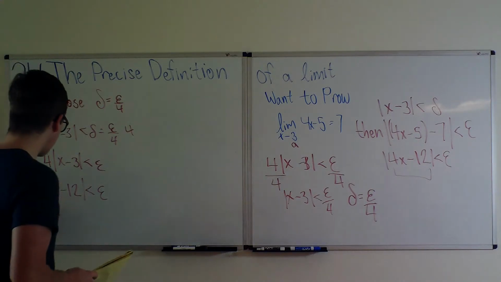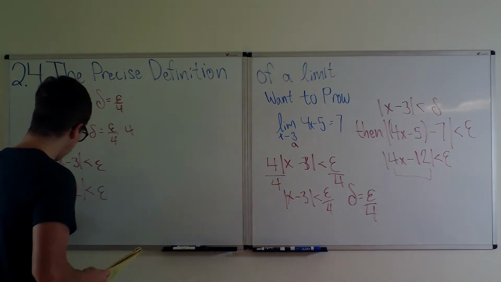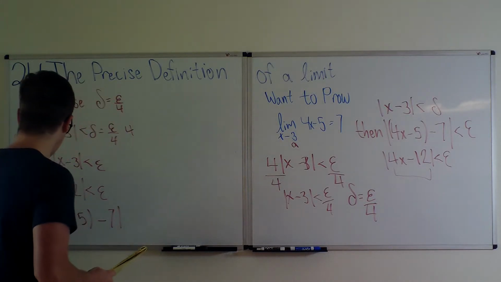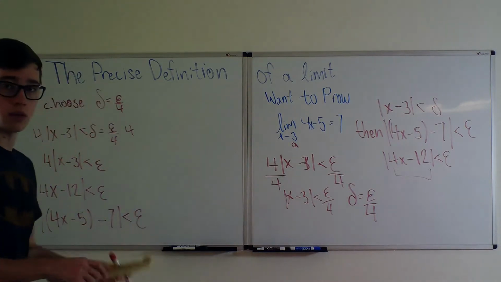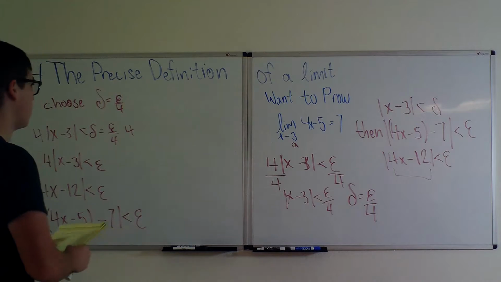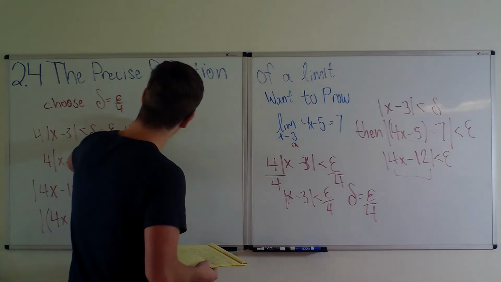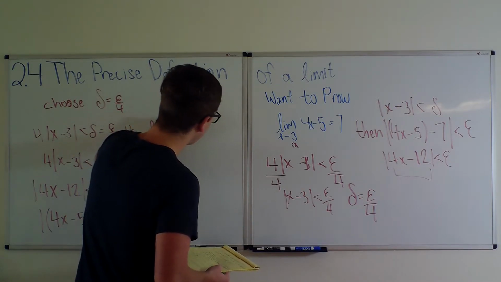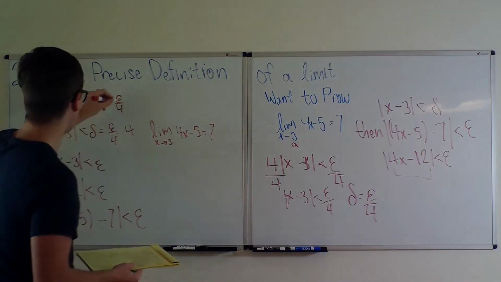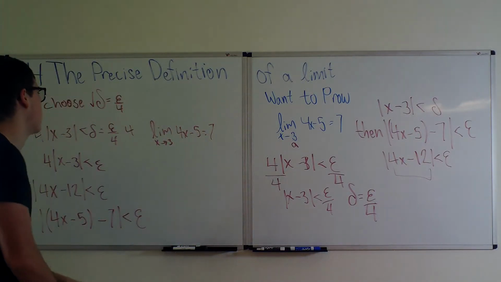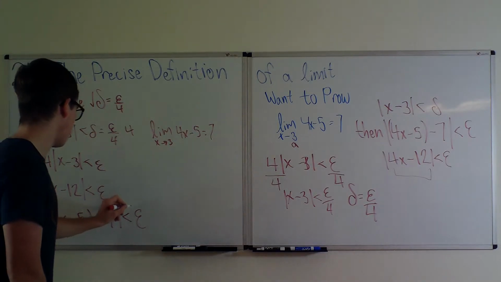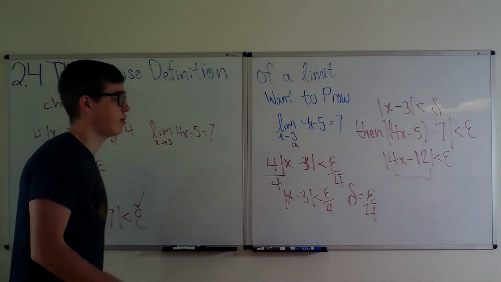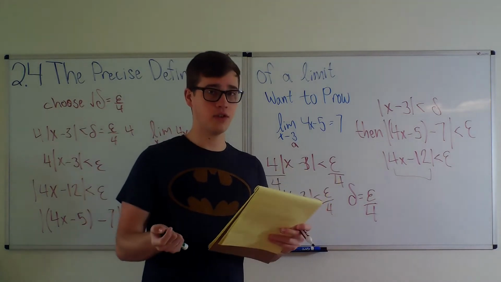Which is the same thing as saying |4x minus 5 minus 7| is less than epsilon, which is what we wanted to prove. So there it is. The limit as x approaches 3 of 4x minus 5 is equal to 7, because it checks: if delta is equal to epsilon over 4, then that implies epsilon is greater than |4x minus 5 minus 7|. So that's pretty much all you have to do.